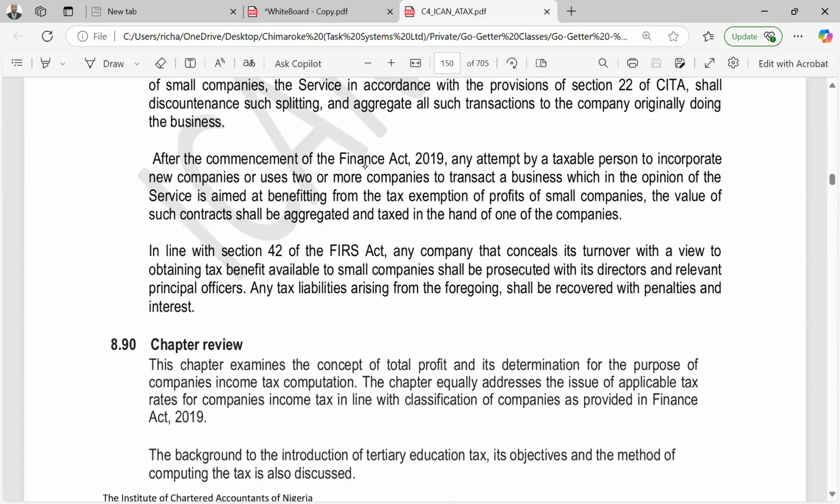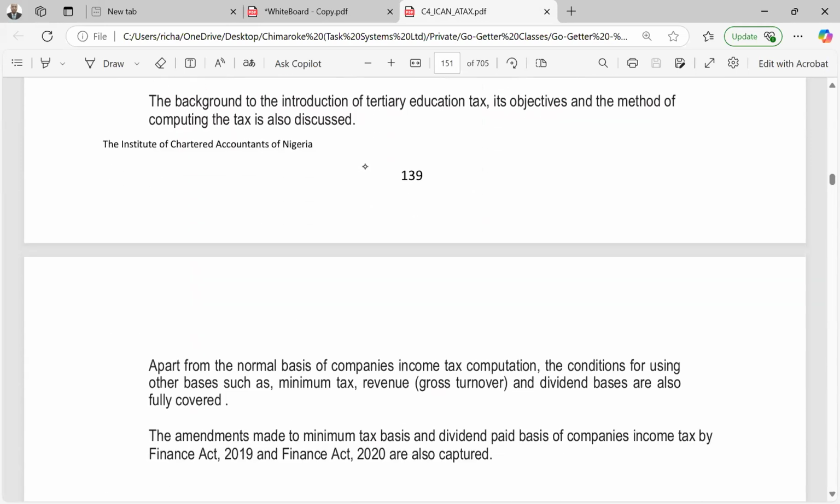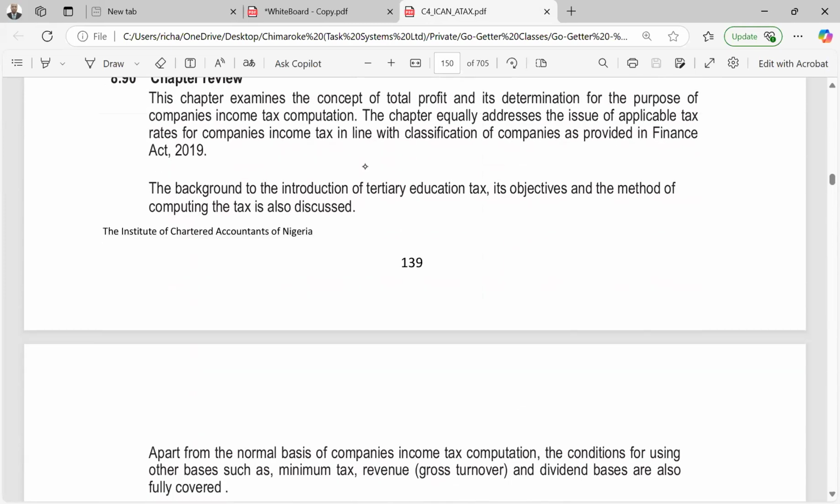So what have we learned today? We have seen that total profit is the profit that is charged to tax and is derived from your accounting profit, which has to be adjusted by the taxman to give you adjusted profit.